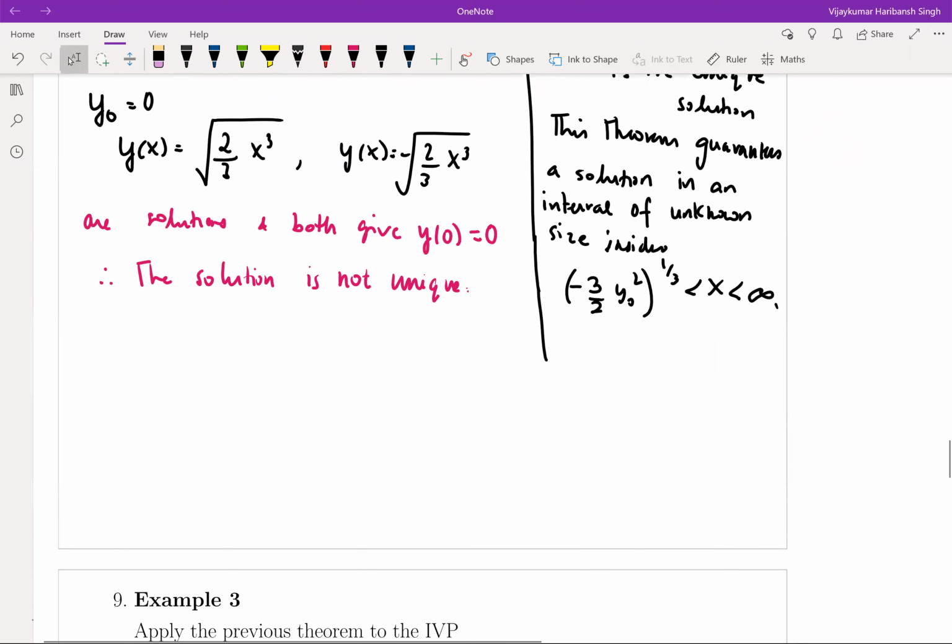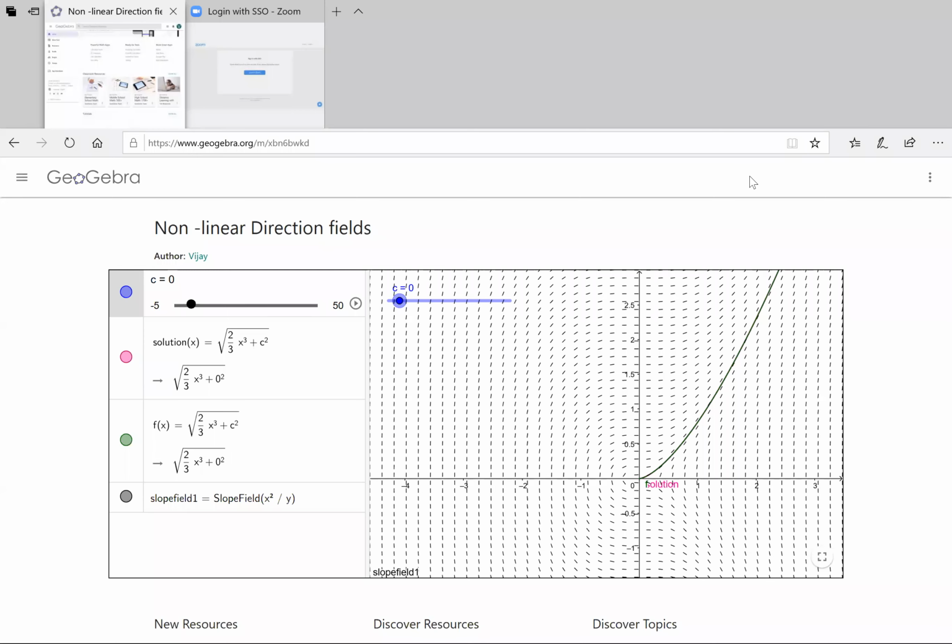So you can see another word of caution from GeoGebra. Here's the GeoGebra of the differential equation we just saw.